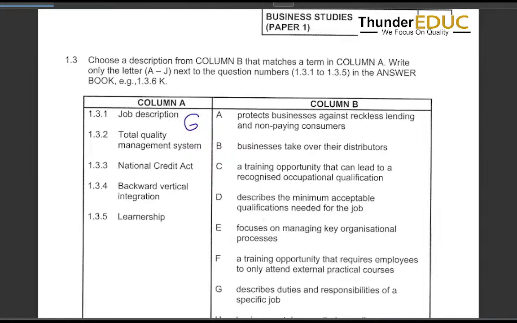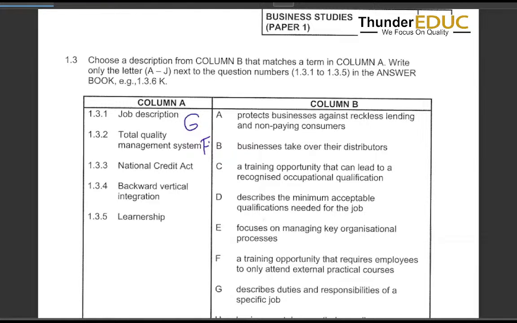Okay, right. So now we have 1.3.2, total quality management system. Total quality management focuses on managing key organizational processes, so our appropriate answer is going to be F. Now let's move on to 1.3.3 where we have National Credit Act.